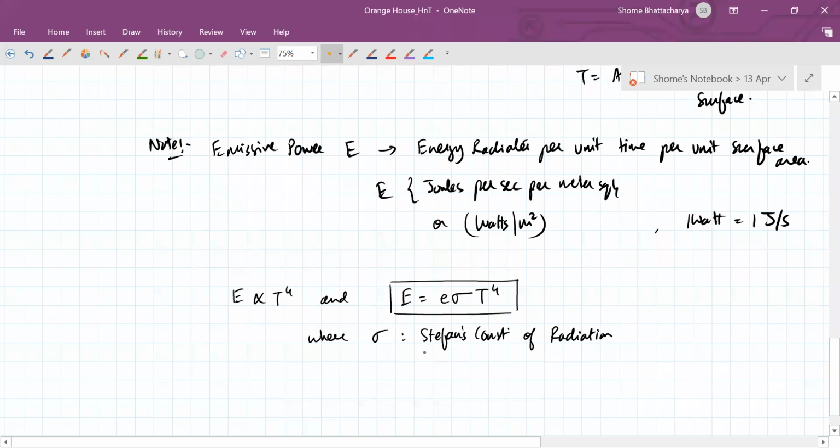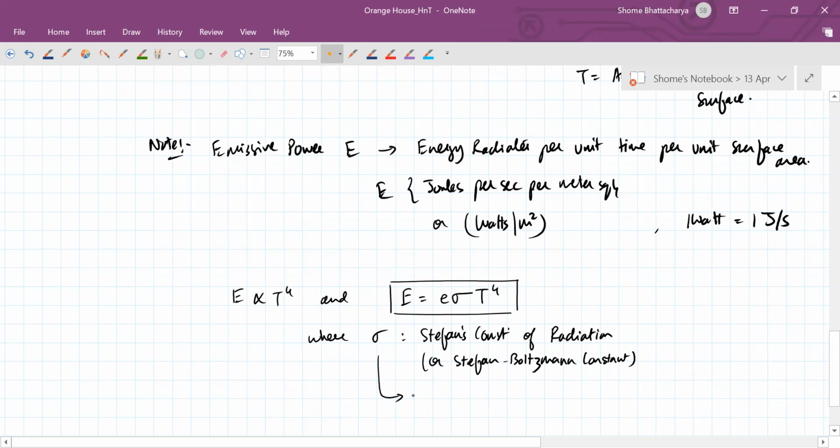Sometimes it is also called Stefan Boltzmann constant.